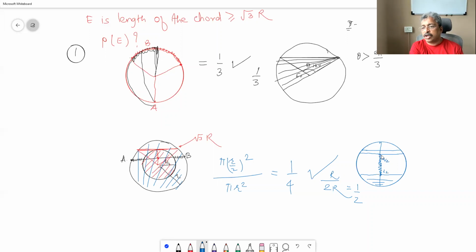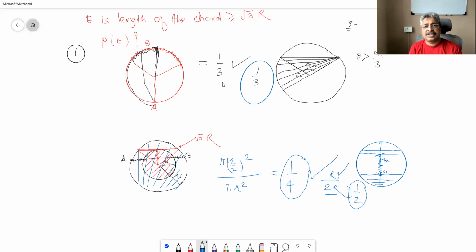Now, those chords which have their midpoints between minus r by 2 to r by 2 from the center will have length more than root 3 r. So that is our favorable. So favorable is r and total is the diameter 2r, and therefore probability is half. Probability was 1/4, probability is 1/3.